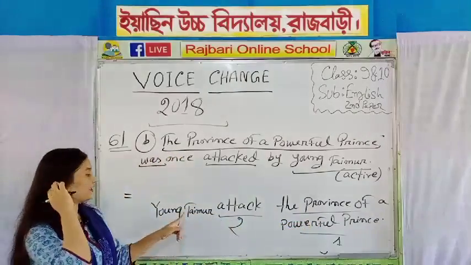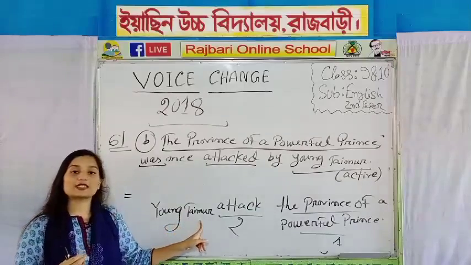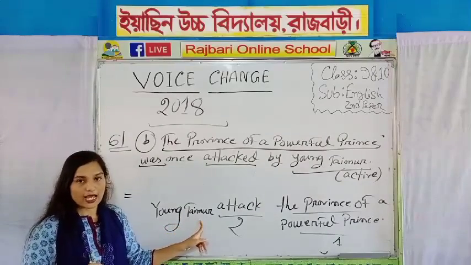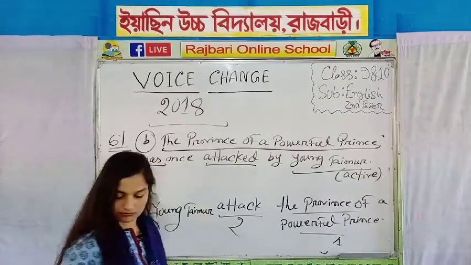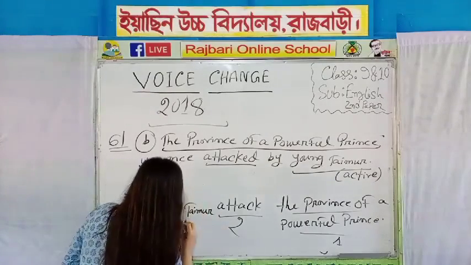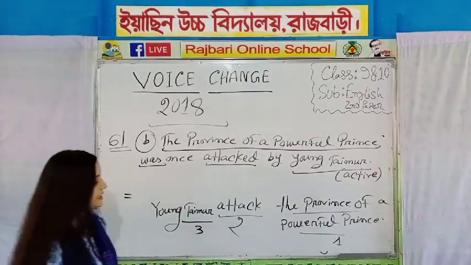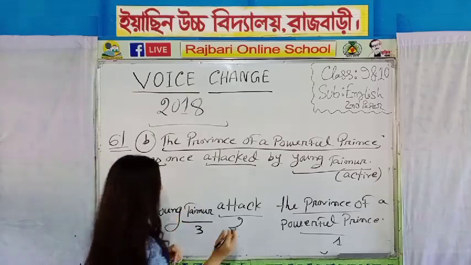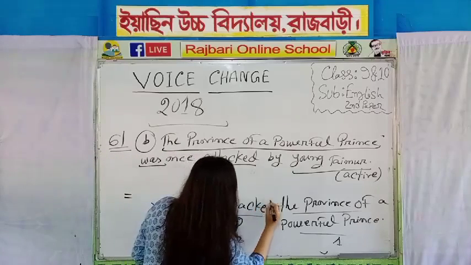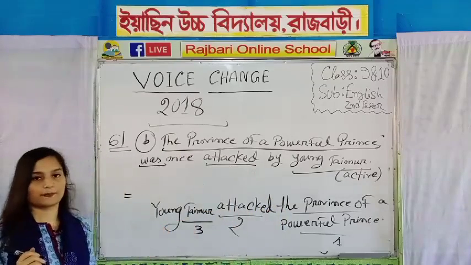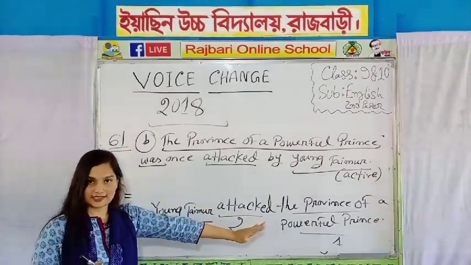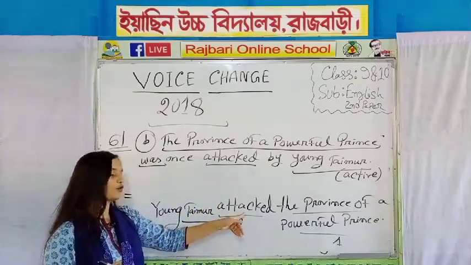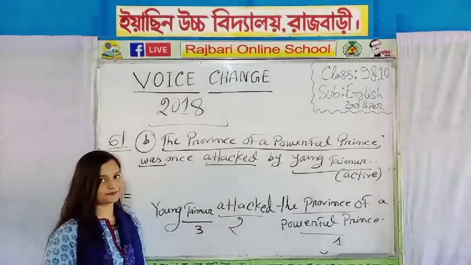Now see here, young Toimur is third person singular, right? And since it's past indefinite tense, we have to make it past indefinite. But if it were present indefinite tense, then maybe we could make it attacks.